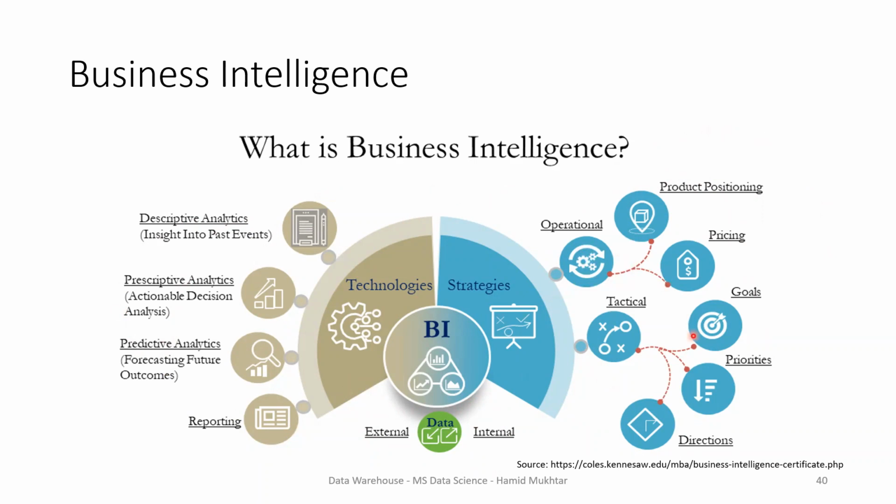Now the right side, the goals, the tactical, the pricing, all those things are purely business, which means it depends from business to business. For healthcare, goals will be different. For e-commerce, the goals will be different. For education, the goal will be, let's say, that every child should be going to school, which means there will be schools in every possible area.